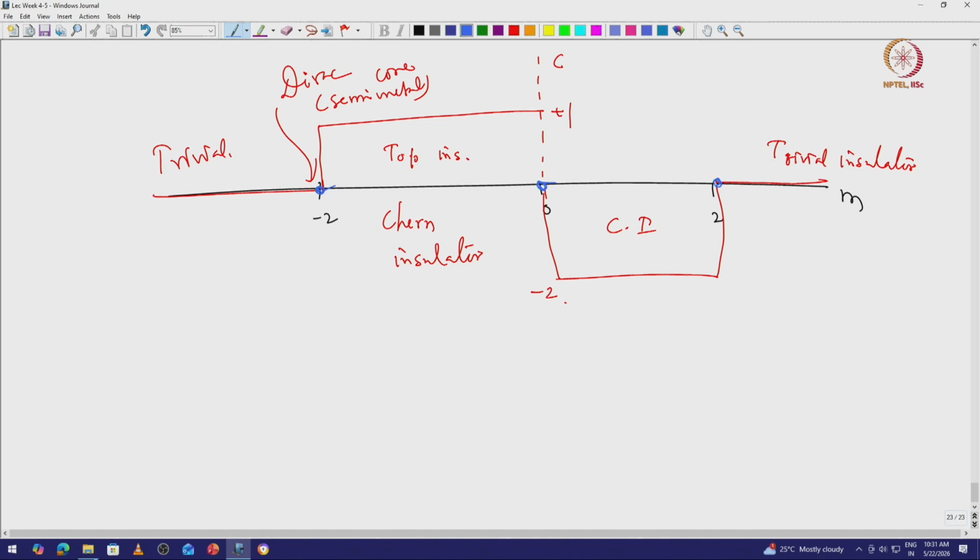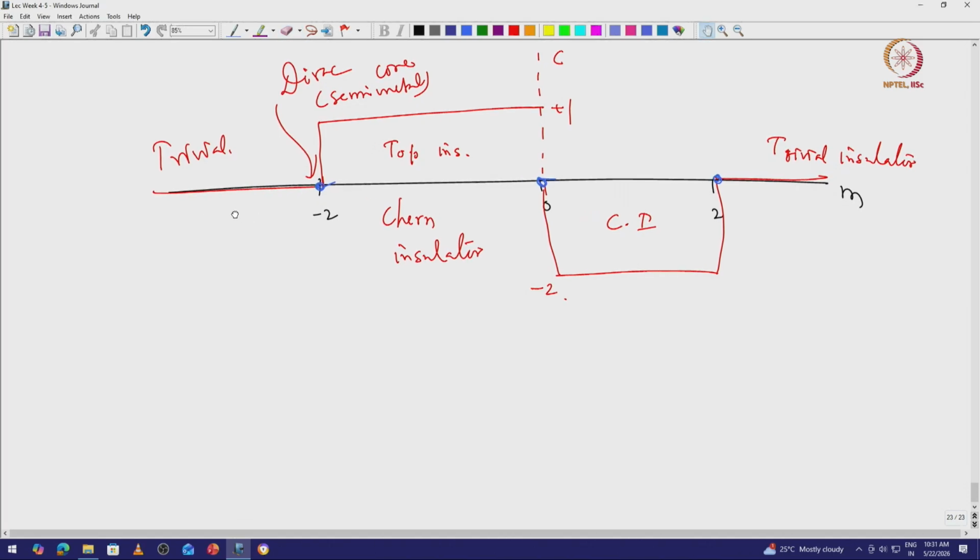So, as M changes, which you can change through strain, or M is the onset energy, you have a trivial band insulator, then you get a band degeneracy with a Dirac cone, then a topological insulator phase transition happens. Then one topological insulator changes to another topological insulator. Both have different topological invariants, +1 and -1 Chern number.